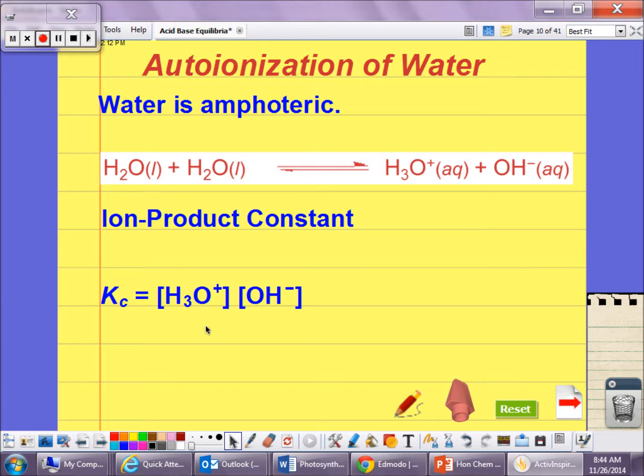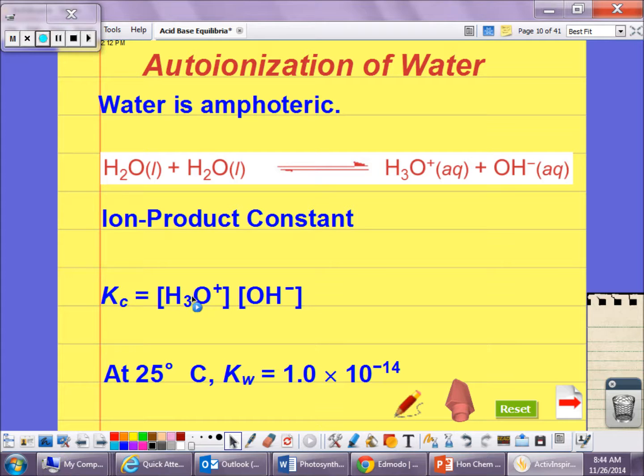Therefore, you do not put it over the water liquid. That K for water has a special name. It is Kw. Go figure. W for water. At 25 degrees Celsius, room temperature, Kw equals 1 times 10 to the negative 14.